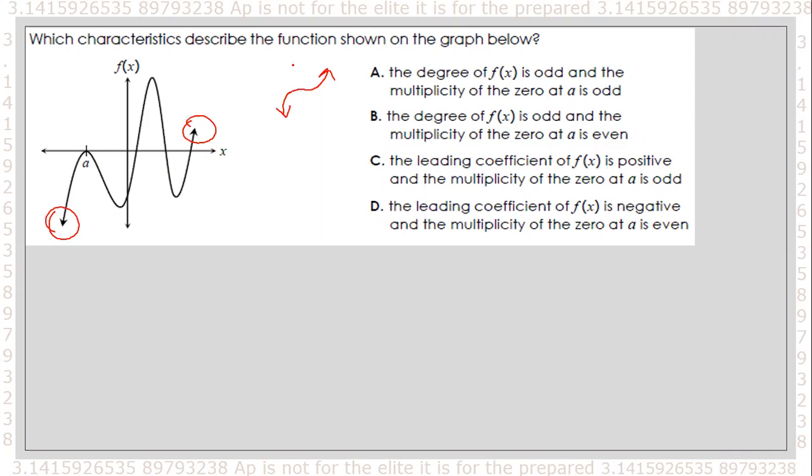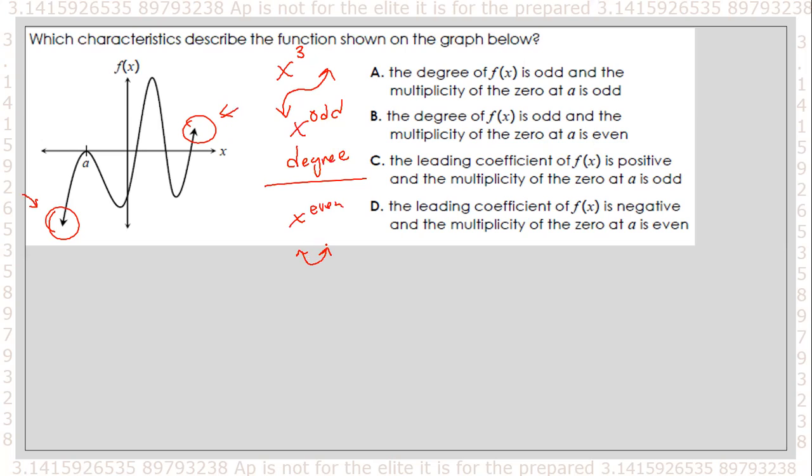Anything that looks like a cubic function is some parent function with an odd degree. Keep in mind, if the exponents are odd, like 3, 5, 7, 11, 33, any exponent that's odd, it will always behave in this same end behavior. If they're even, then they both head the same direction.